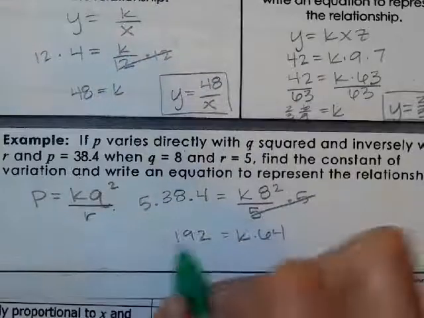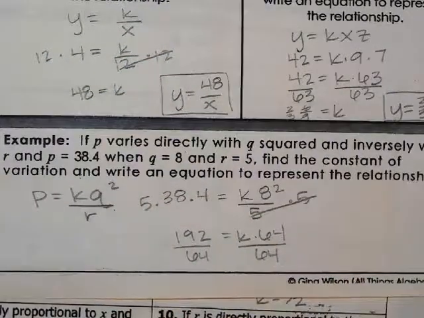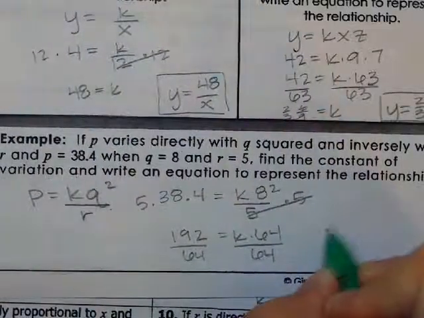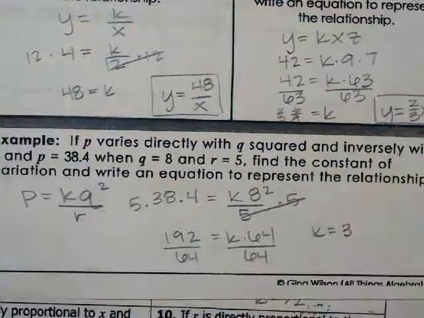Oh, that divides evenly. So what does k equal? 3. Okay. So now what do we do? Just plug a 3 in. P equals 3Q squared over R.